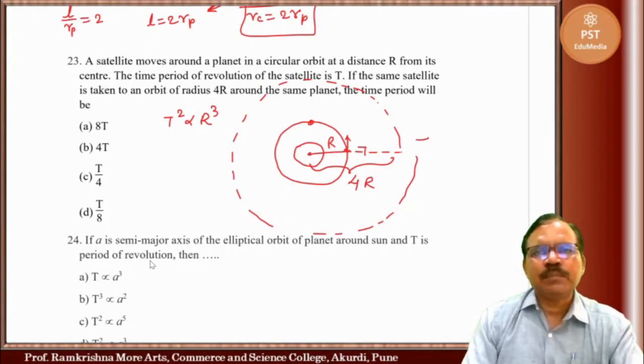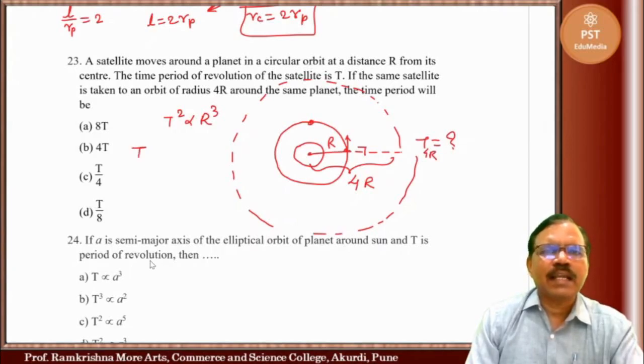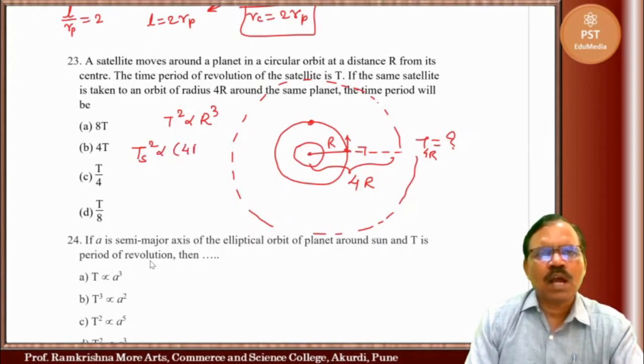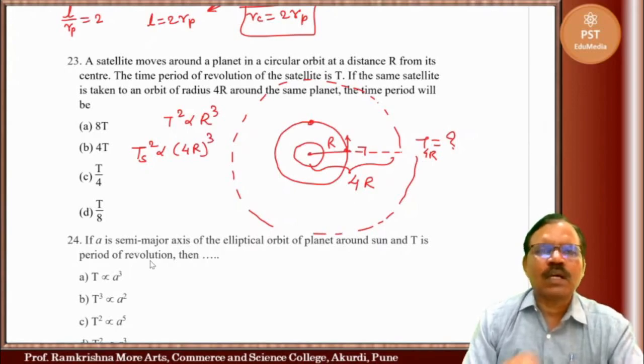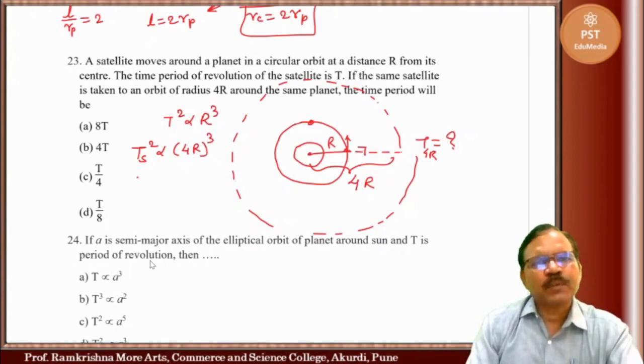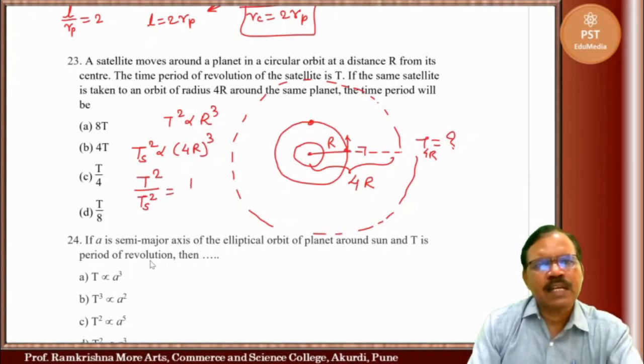So what is the period for this 4r? Here I can take the new Ts square, it is proportional to (4r) cube. 4r is the new radius. So the proportionality constant will be the same because the planet is the same. So we get this as r cube upon (4r) cube.